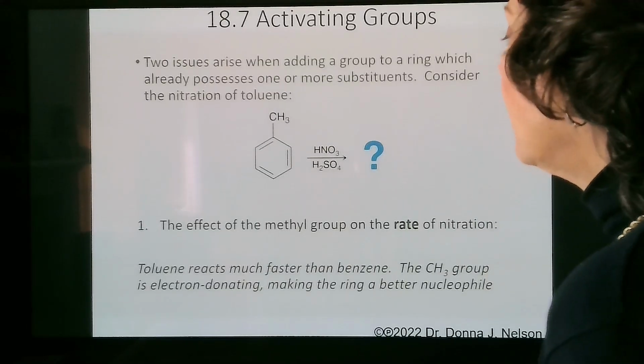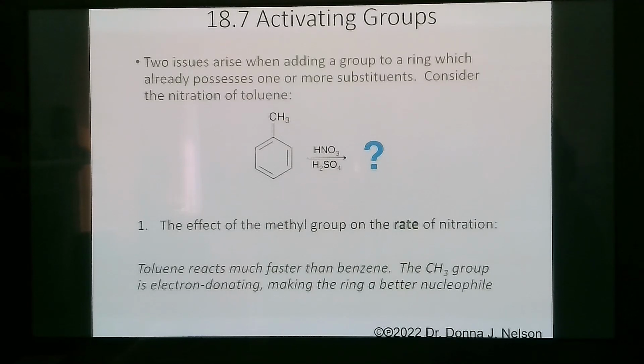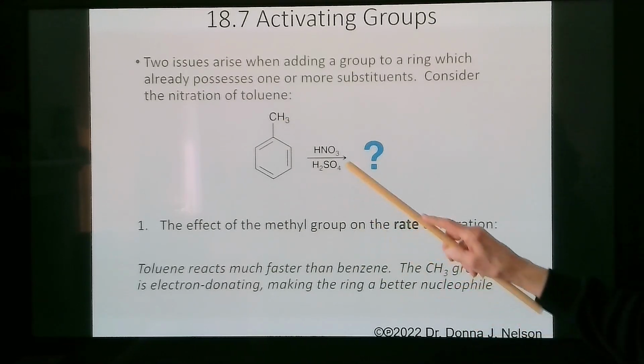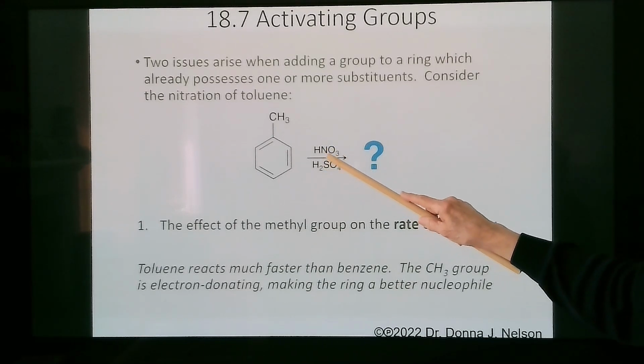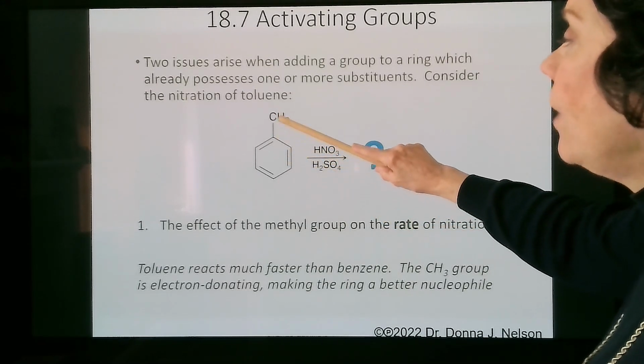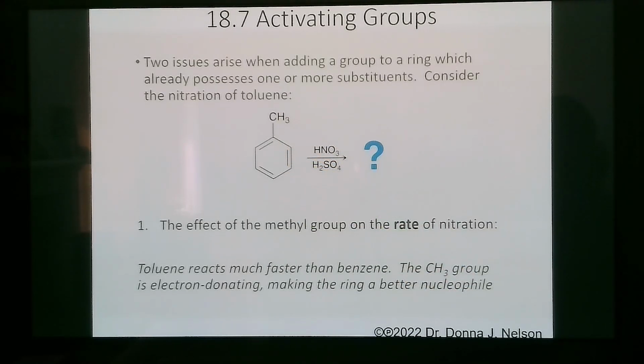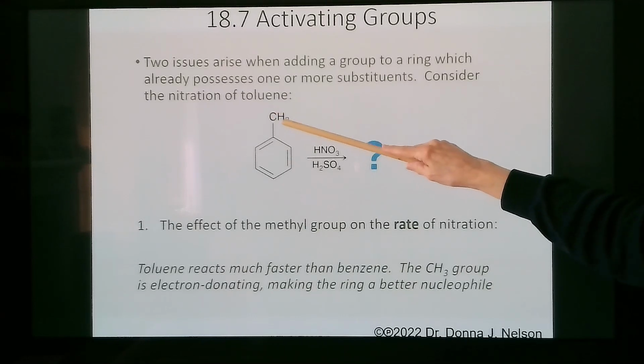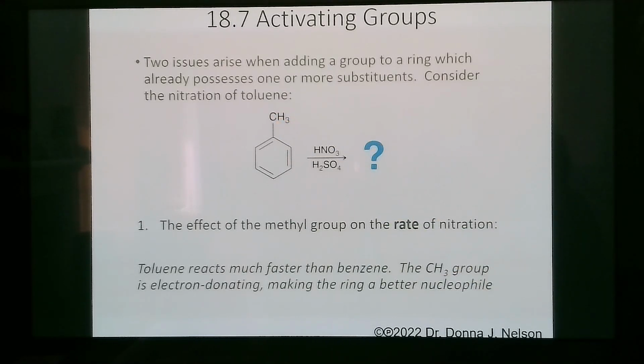Now, you've heard me talk about activating and deactivating. When you want to attach an additional functional group onto a benzene ring that is already bearing a functional group, you have to consider the characteristics of the functional group that's already attached.